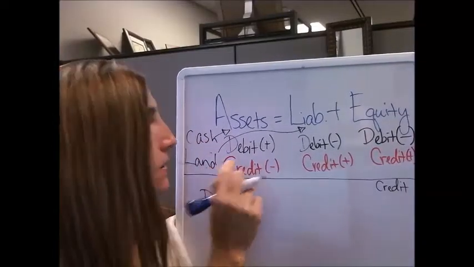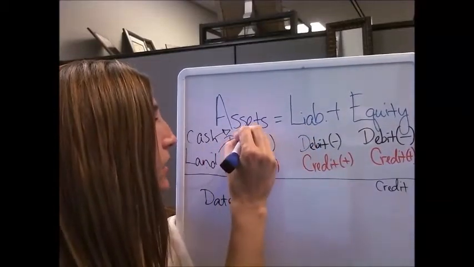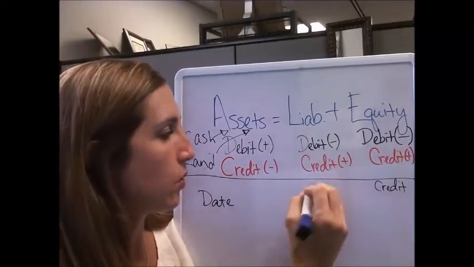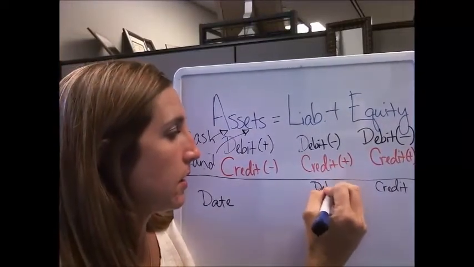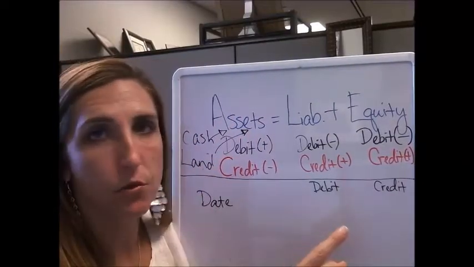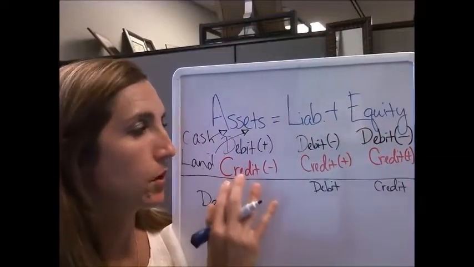Now, land is not a liability. Land is actually an asset. It's okay to have two assets in one transaction. The rule is not that we have to always debit assets. That's not a rule either. The rule is we have to have at least one debit and at least one credit.